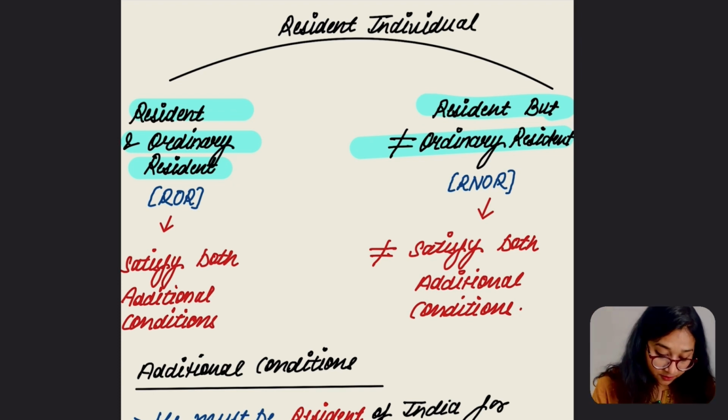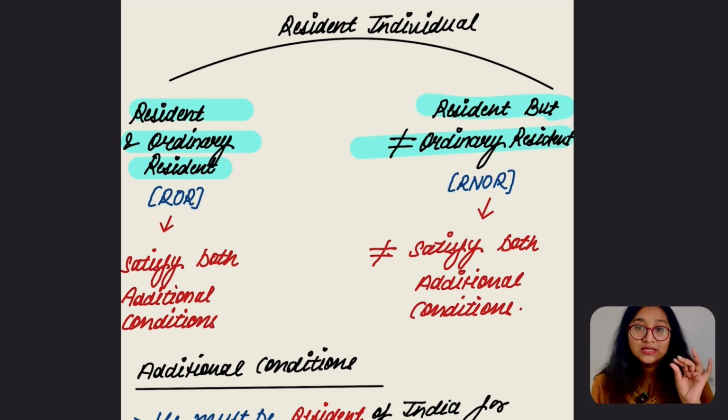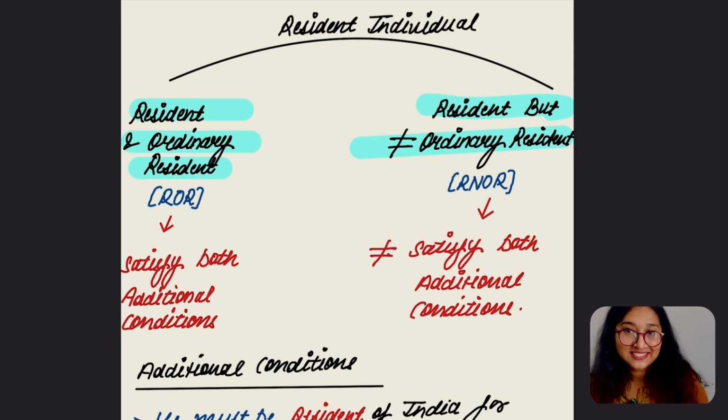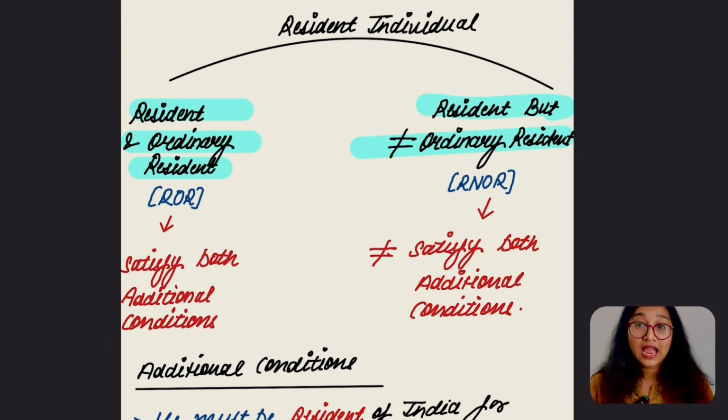Once a person is a resident, once he has satisfied any one basic condition, right? We know the basic condition now. For the three other cases, they have only one basic condition. This is also cleared. But now the question comes, what is resident and ordinary resident, and resident but not an ordinary resident?